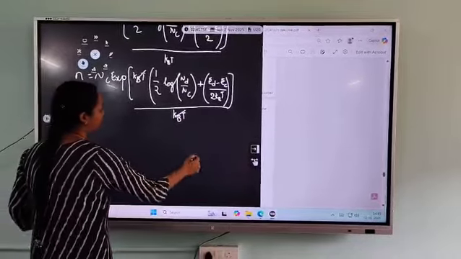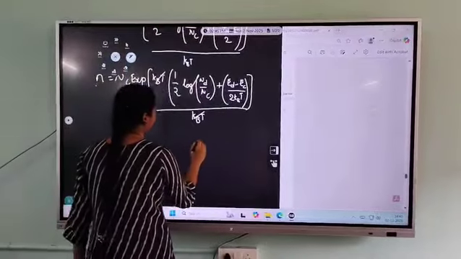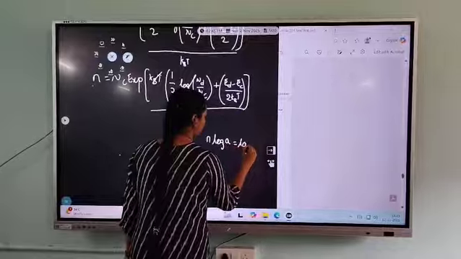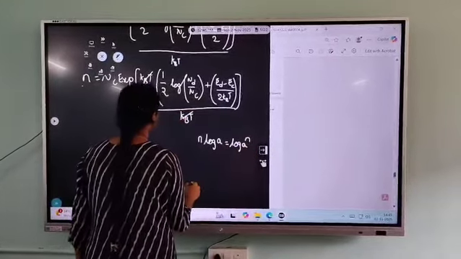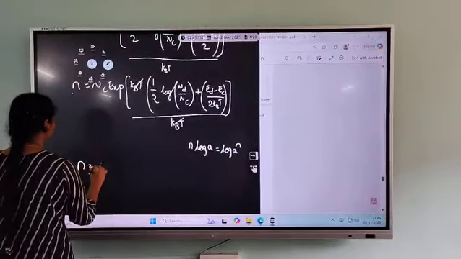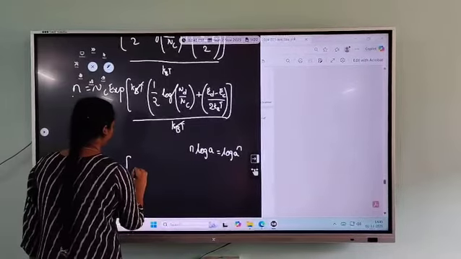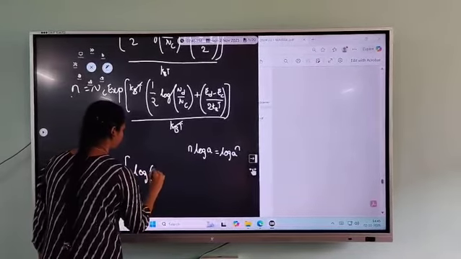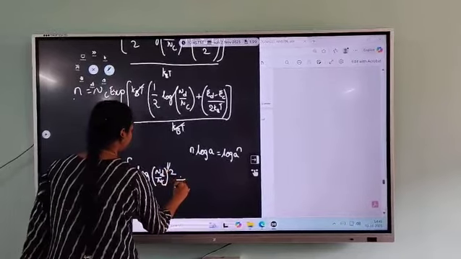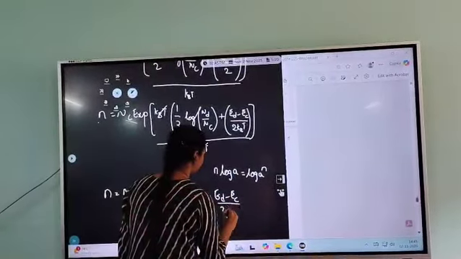This is in the form of n log A is equal to log A whole power n. That is, n is equal to Nc exponential of log Nd by Nc power 1 by 2 plus Ed minus Ec by 2kBT.